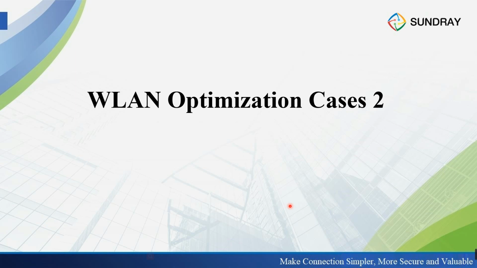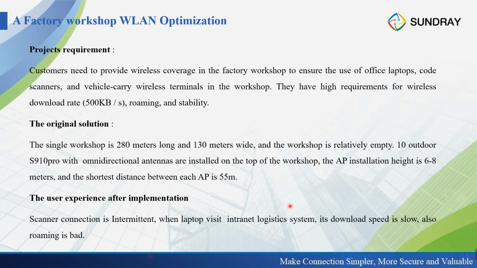Now let's see the second optimization case. This one is a manufacturer, a workshop. Here we need to provide the wireless connection for the office laptops, the code scanners and some vehicle-carried wireless terminals.